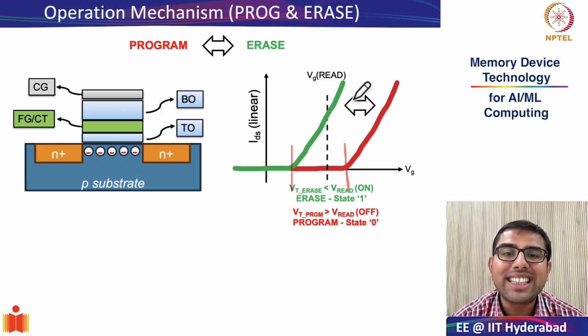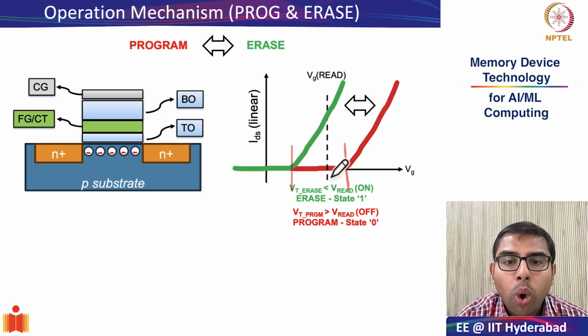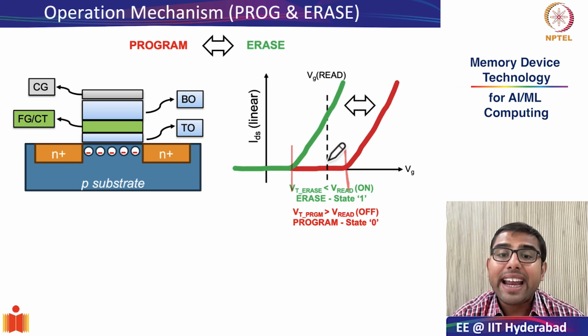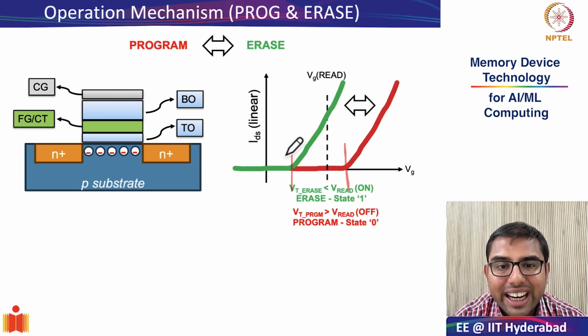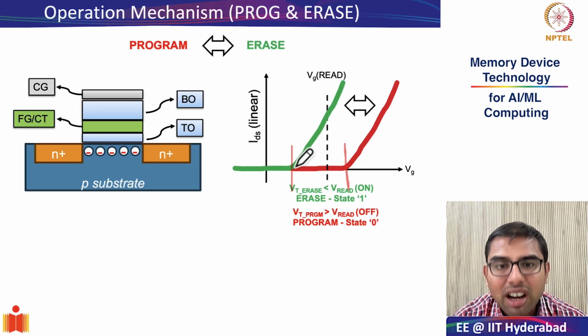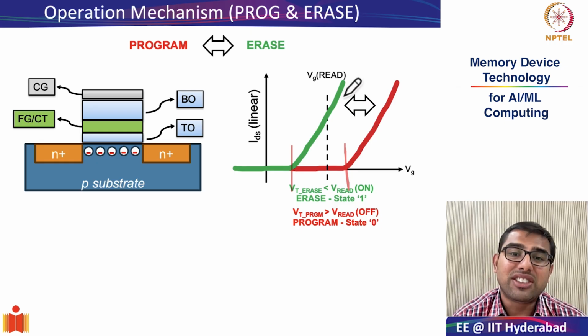And as we have already studied, how do you do the read? You basically select a gate voltage which is between the threshold voltage of the erase state and the program state. When it is in the erase state, the transistor is in the on state.